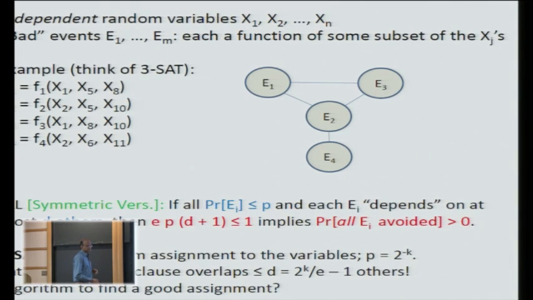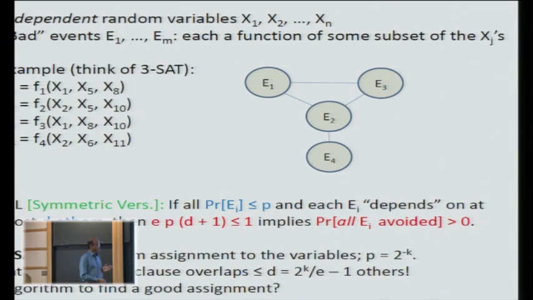For people who have never seen it, the amazing thing is that this condition on p and d does not depend on the number of variables n. It doesn't matter at all how many variables or clauses there are. It's a scale-free condition, however large the formula is. How would you normally prove this?